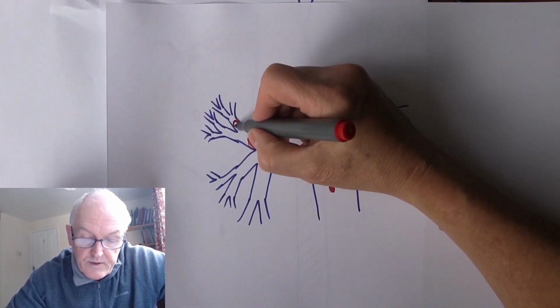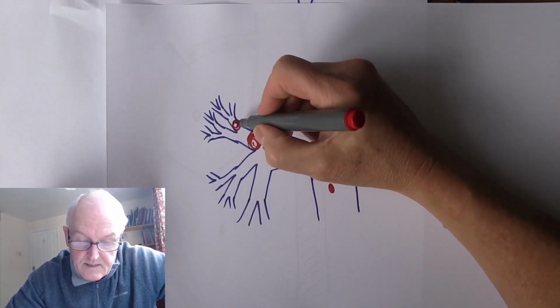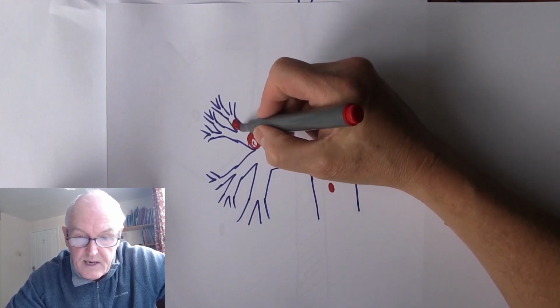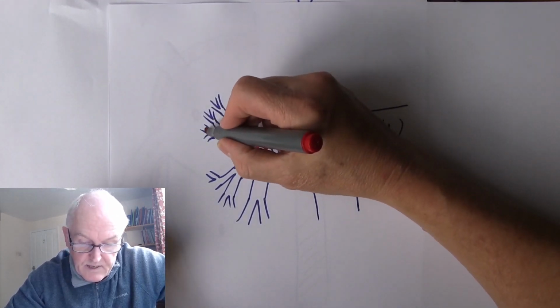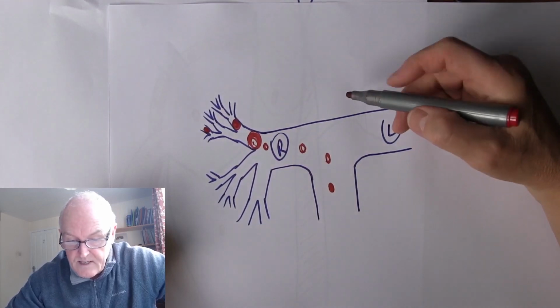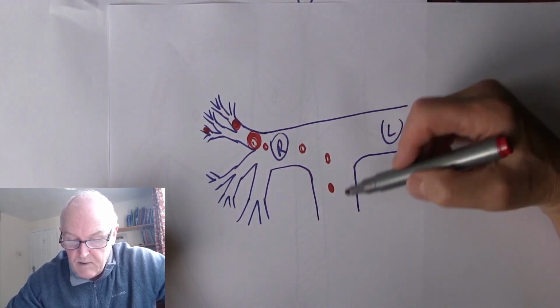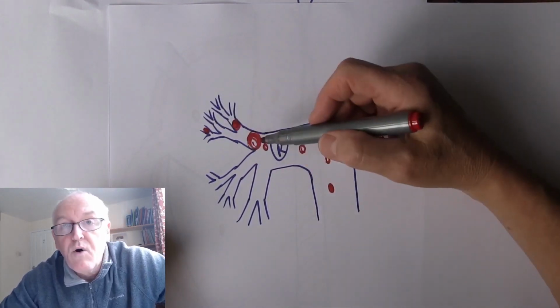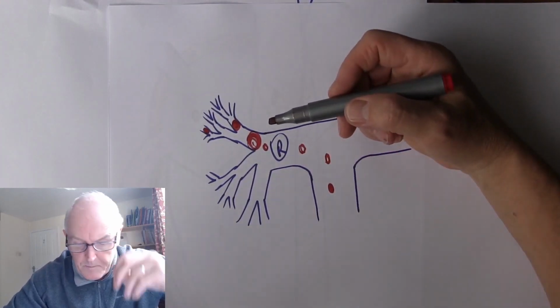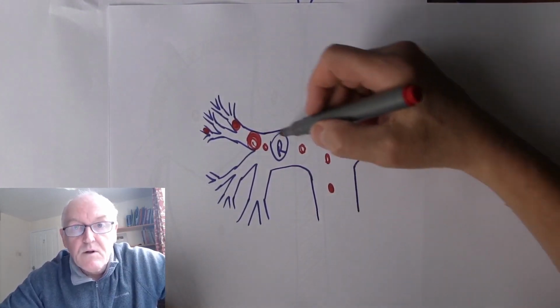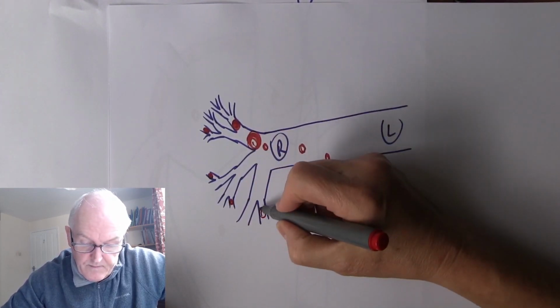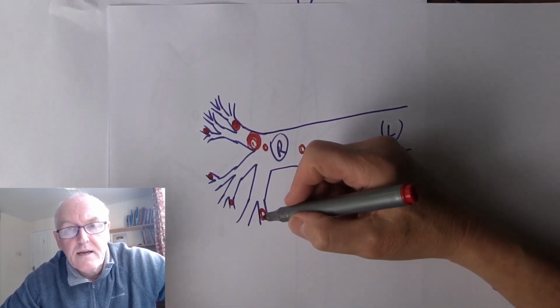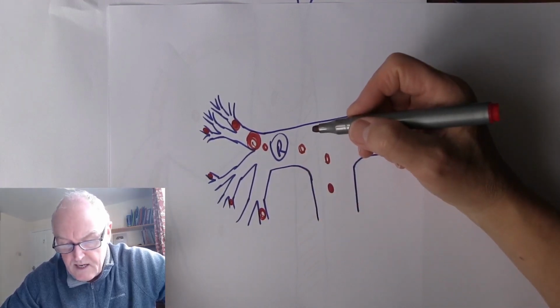If it's a smaller one, it will pass through there and block off at the level of, say, a segmental artery, or a smaller one affecting a subsegmental artery. So we can see that smaller emboli are going to affect a much smaller area of the lung. But of course there can be multiple emboli, so we could end up with emboli lodging in the pulmonary circulation at different areas.